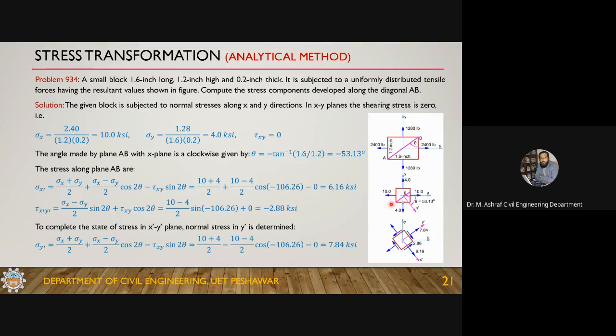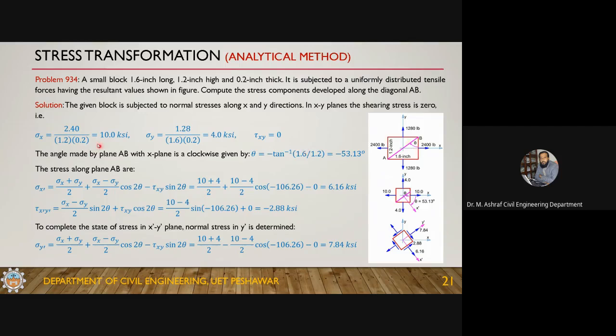If you calculate stress in the x direction, sigma x is equal to the force, 2.4 kip, since I've written it in kip, divided by 1.2 into 0.2. 1.2 is this dimension, and the 0.2 is the perpendicular dimension, which you cannot see in this view.